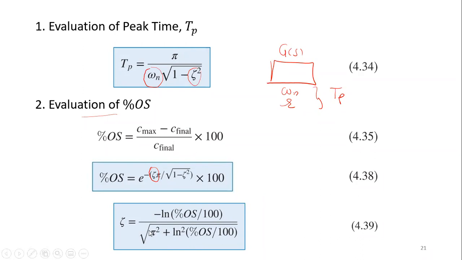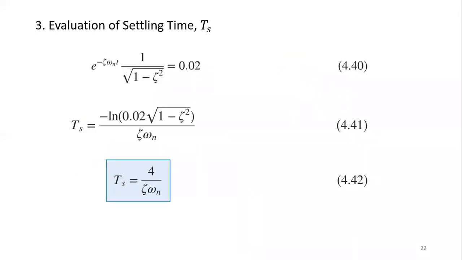Another part is the third one: if you have a percent overshoot, you can estimate the damping ratio. You can calculate the damping ratio, which is minus ln of percent overshoot over 100, over the square root of pi squared plus ln squared of percent overshoot over 100. So that covers the peak time, percent overshoot, and settling time.